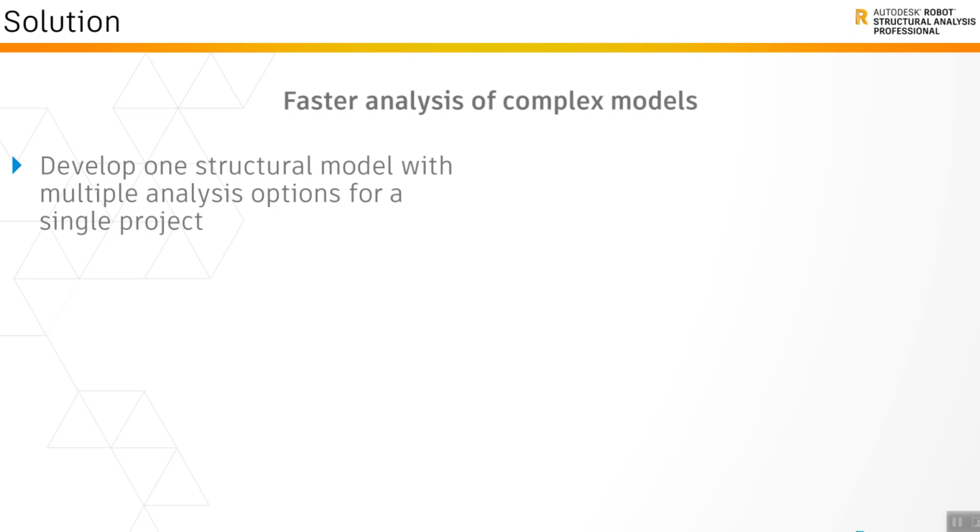Autodesk Robot Structural Analysis Professional provides support for performing different types of analysis on your structural model. This means that you only have to create your model once, but you can analyze your model n times. Depending on which method you want, you can analyze n times, but the model is built only the first time. The analysis results will be up to n times, in any of the methods we have.